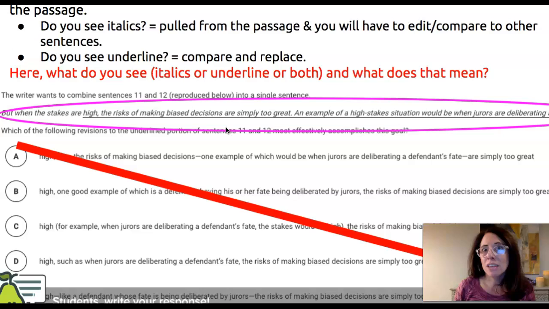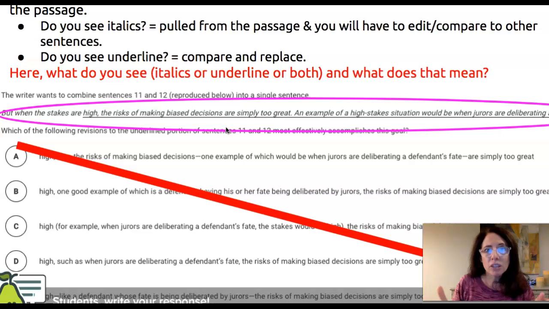And that tells you that they are going to ask you to consider maybe revising, maybe changing it, maybe adding to it in some way. If I see the underlined part as part of the italicized, it is definitely asking me to compare the underlined part to the different answer choices below and potentially replace the underlined part.